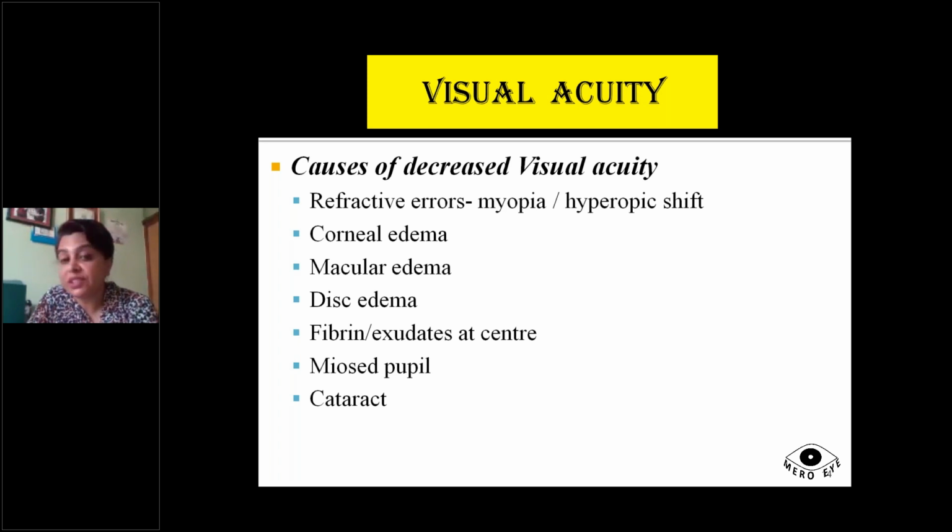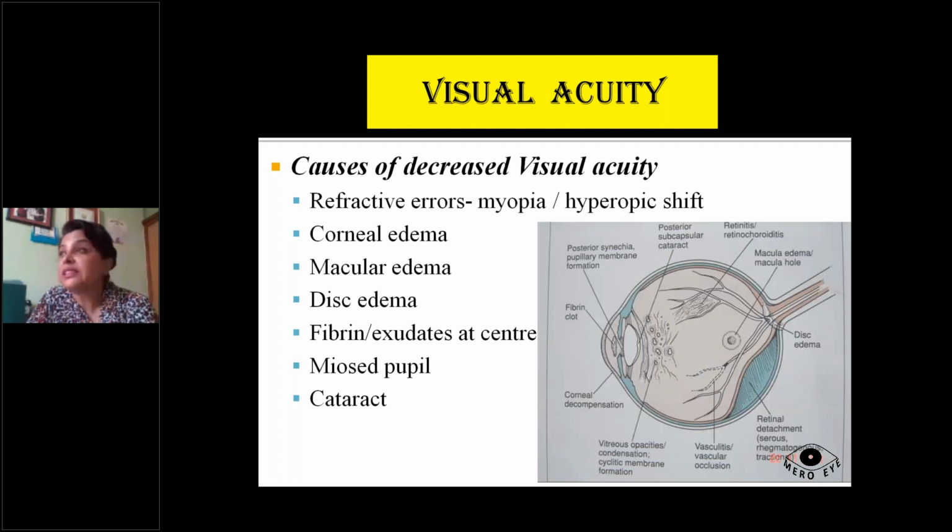Even the decreased vision could be because of corneal edema, macular edema, or any dense exudation occurring in the pupillary axis. Uveitis patients usually present with a miotic pupil that can also lead to decreased vision, and secondary cataract or complicated cataract are very common in uveitis cases. So this could lead to decreased vision.